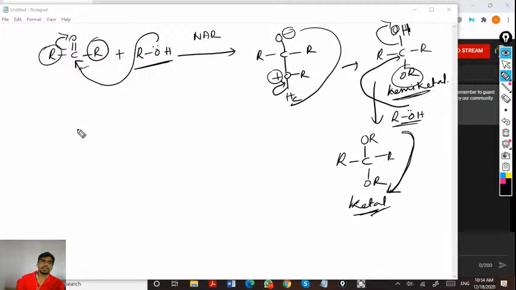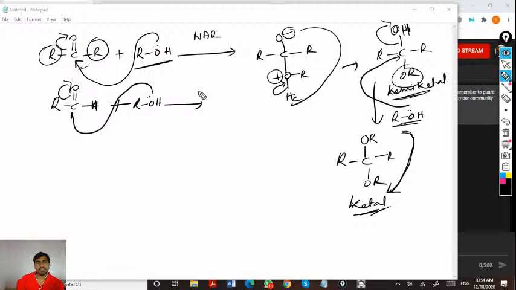Okay. The same reaction, if it is started from the aldehyde. So this is also a nucleophilic addition reaction. So ROH is going to attack. So this becomes minus, so R, O minus, and OR, H, and this is hydrogen. Okay. So this becomes plus, so it will be released and it will be abstracted.